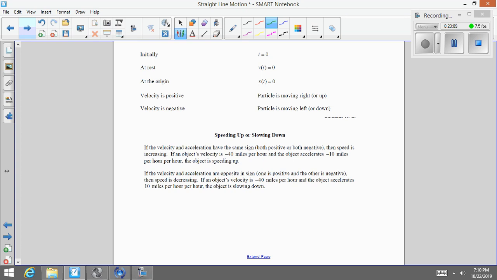If velocity and acceleration are opposite in sign, meaning one positive and the other negative, then speed is decreasing. Here's an example. If an object's velocity is negative 40 miles per hour and the object accelerates 10 miles per hour, then the object is slowing down.